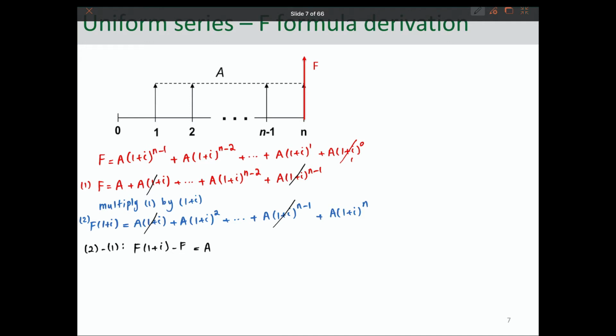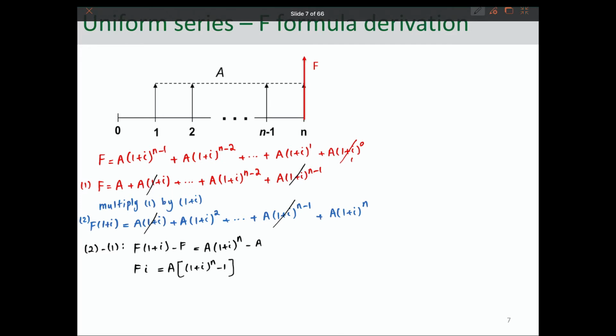a times 1 plus I to n minus a. So this is what we're going to be remained with. So the left hand side would be f I essentially equals a times 1 plus I to n minus 1.